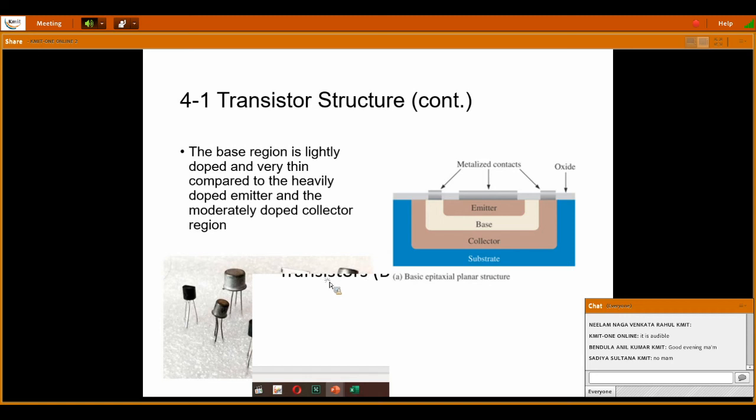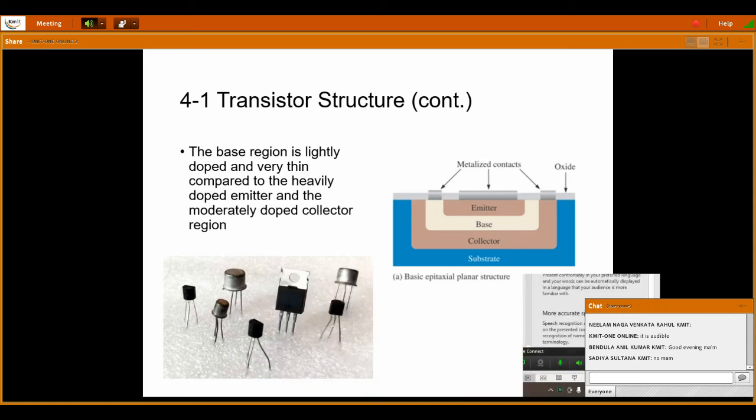Now, this is one technique of the epitaxial planar structure of a transistor, where we have taken one silicon substrate, and initially that silicon substrate must be etched. Some of the material of the silicon substrate must be removed, and in that space we have to dope the semiconductor with pentavalent impurities.